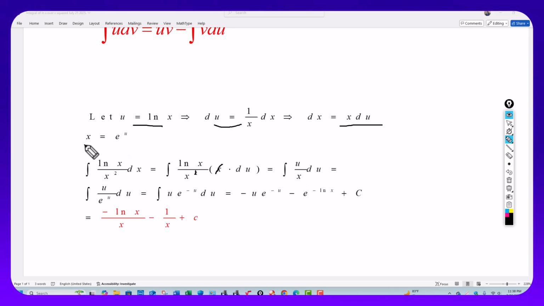So from this equation right here, the natural log is base e. So this tells me by definition of log that x has to equal e to the u. So getting back to this one here, I have an x there, and I don't want an x, so we should just replace it by e to the u.